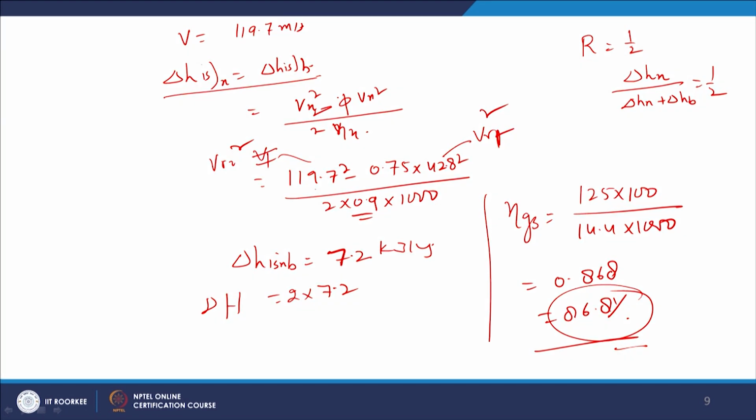This is V1, and this is equal to VR2 in a Parsons turbine. So VR2 square minus VR1 square divided by 2 into 0.9 divided by 1000, and this is going to give us the enthalpy drop in the nozzle as 7.2.